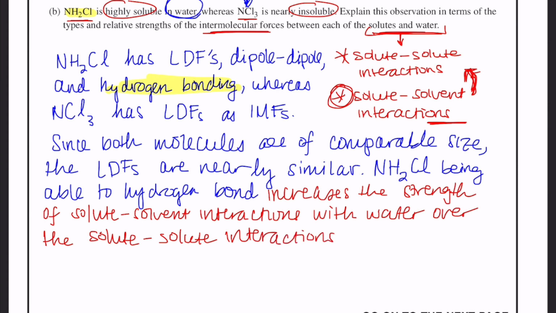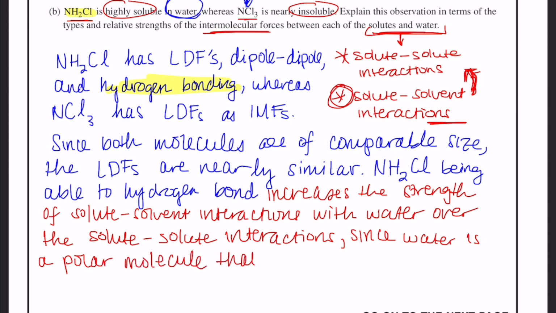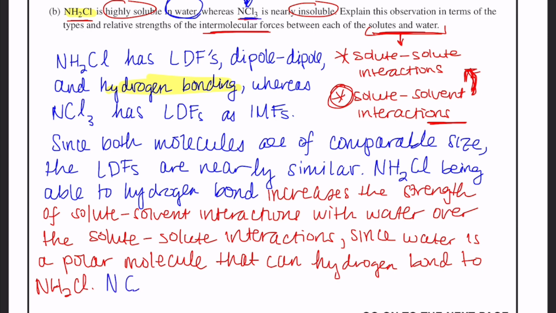And then since water is a polar molecule, it is a polar molecule that can hydrogen bond. And then, of course, now we have to link it back to NCl3.